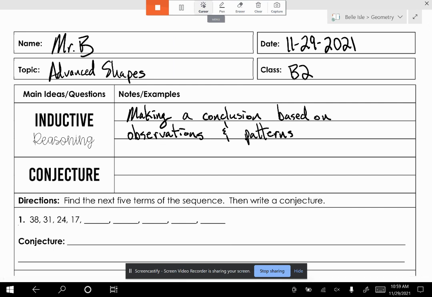Okay, quiet please. Inductive reasoning again was making a conclusion based on observations and patterns.